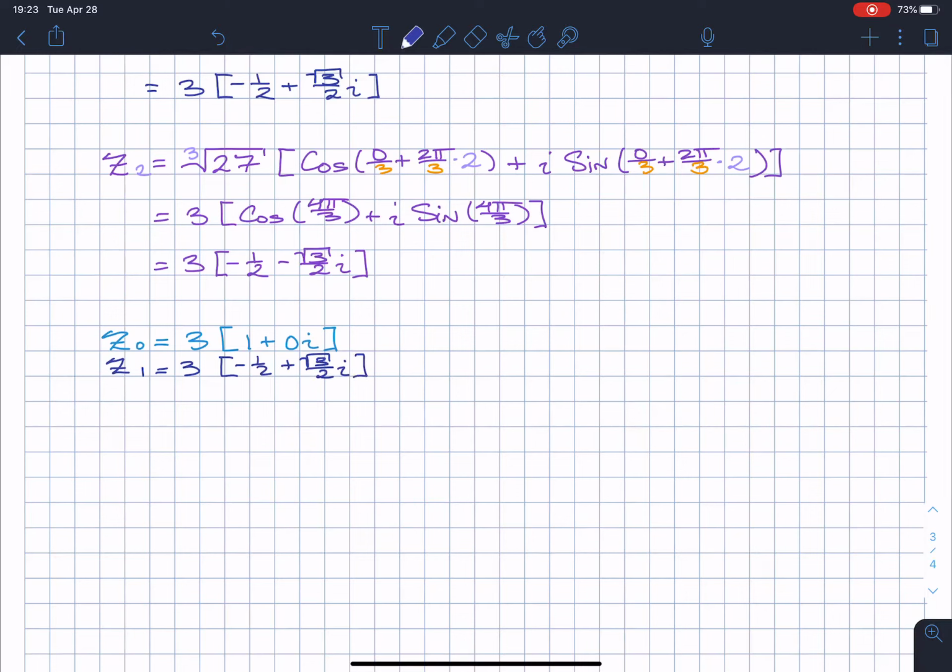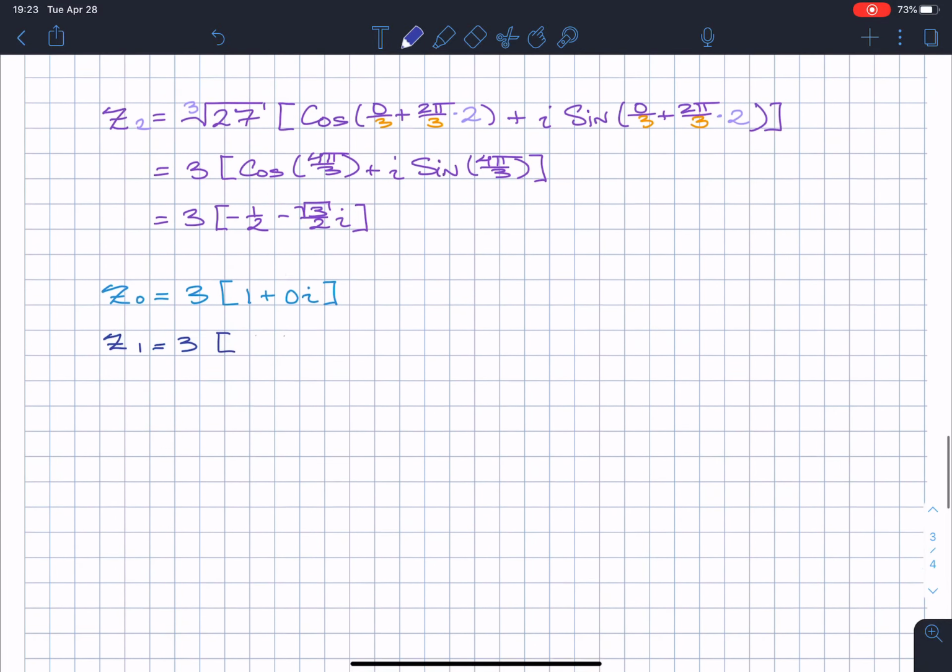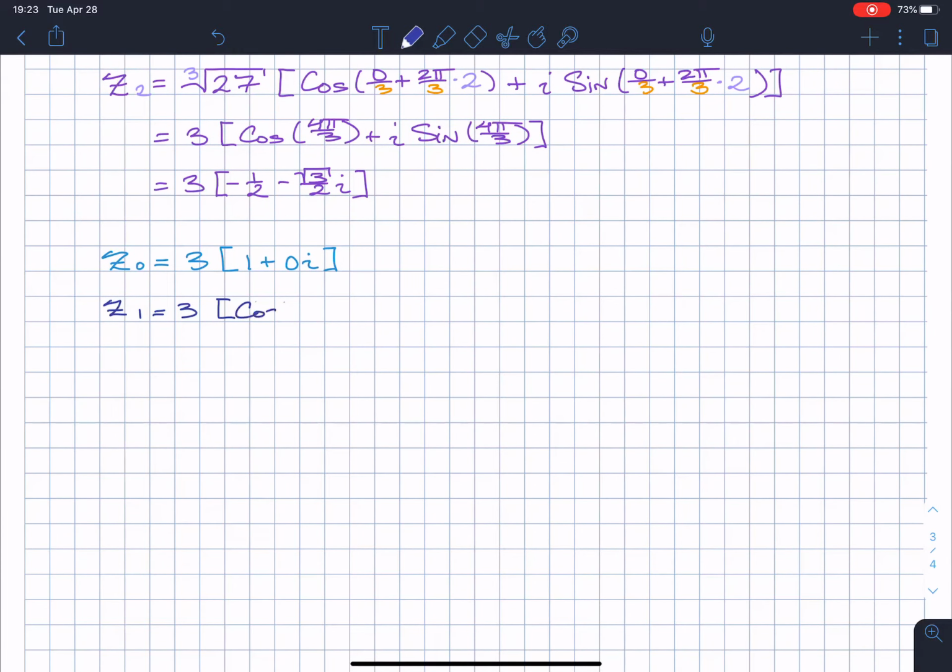Maybe I should have left myself a space in between. And in fact, I think I'm going to write these in trigonometric form, just so you see where I'm going with this. So that was 2 pi over 3, so cosine 2 pi over 3 plus i times sine of 2 pi over 3.